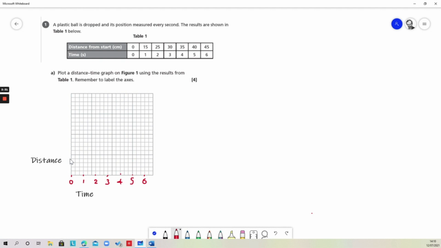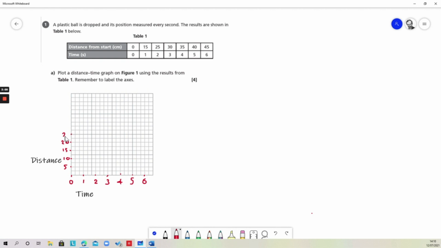We have to go up to 45 centimetres here, and a good way of doing this is for 2 little squares to be 5. So we'll make that 5. In that case that will be 10. Another 2 little squares here will be 15. That will be 20.